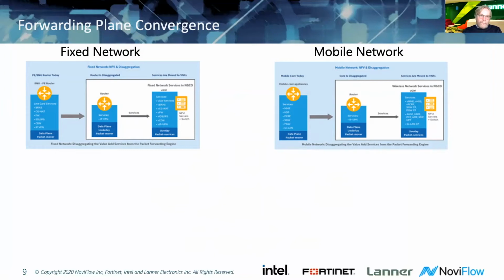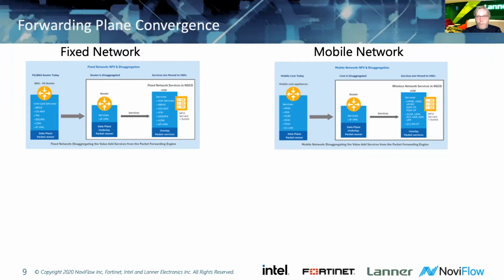For example, on the fixed network, we're looking at virtual carrier grade NAT, virtual firewall, virtual CDN, and other networking functions, which are basically residing on a white box or an agnostic server or hardware platform, which can then scale depending on the use cases deployed at the edge.